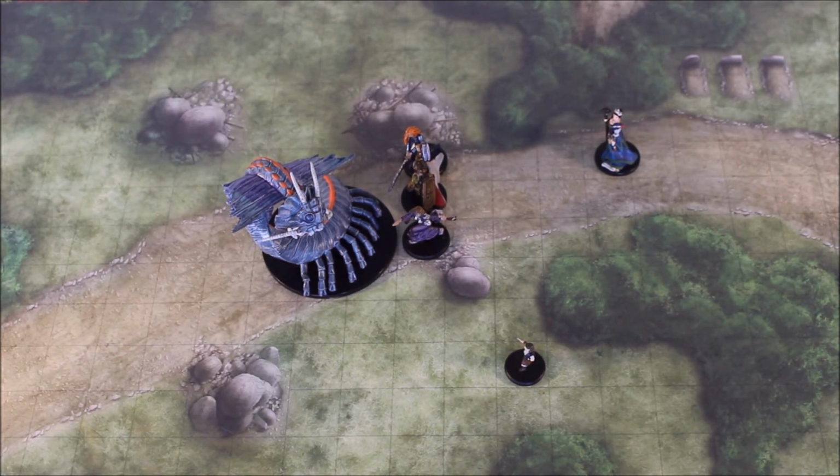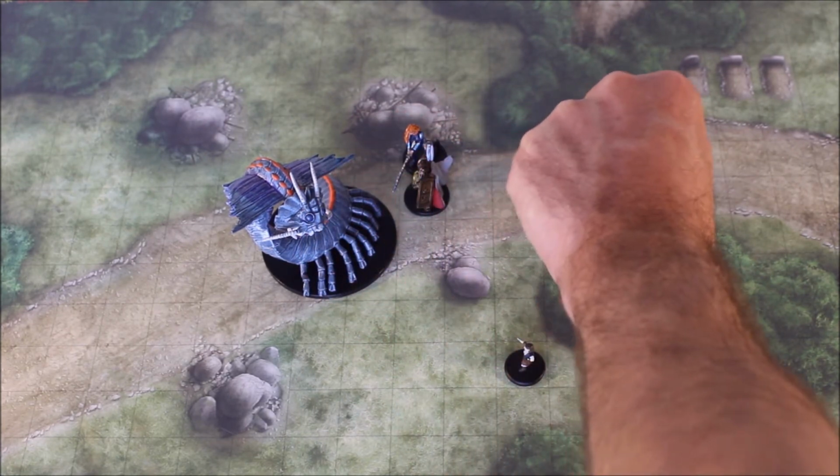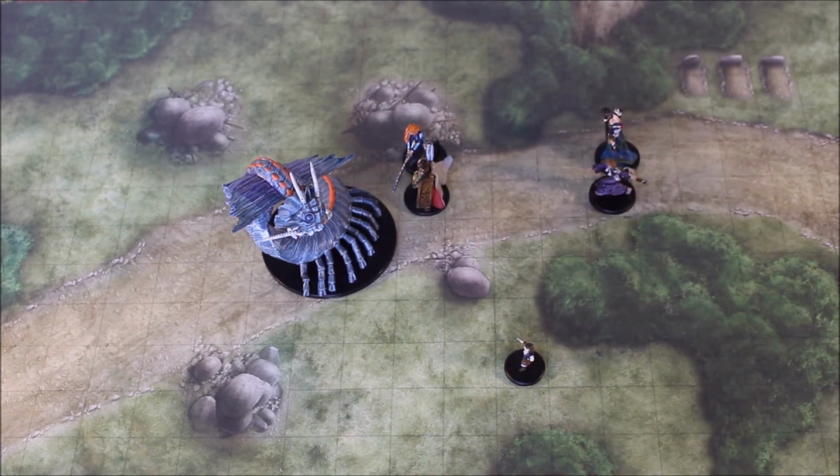There's always going to be a point where a cleric can't stand in the front of battle and take the hits like a fighter or a paladin, and maybe they need to disengage. They use their movement and their action to disengage. So the cleric moves back, 1, 2, 3, 4, and doesn't have to move back that far, it just needs to get clear of the combat so that it doesn't take any more damage from the creature.